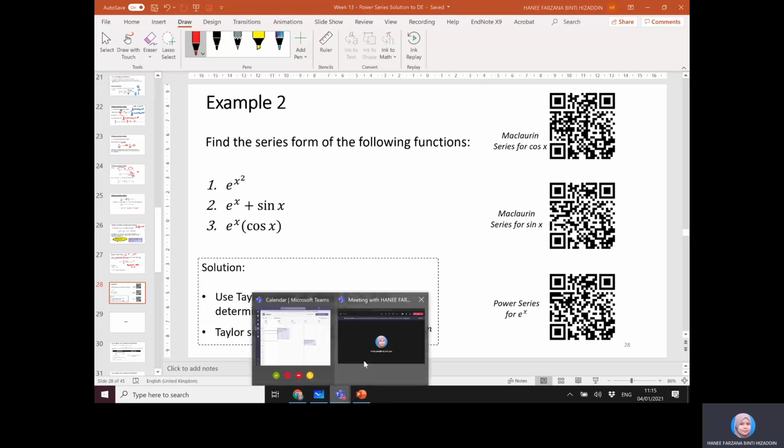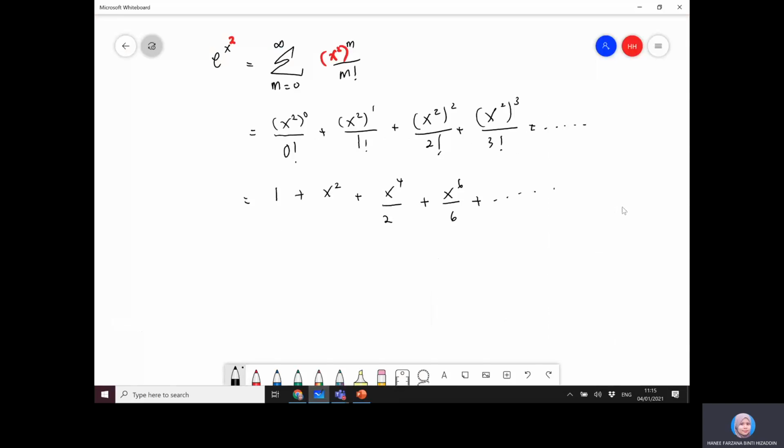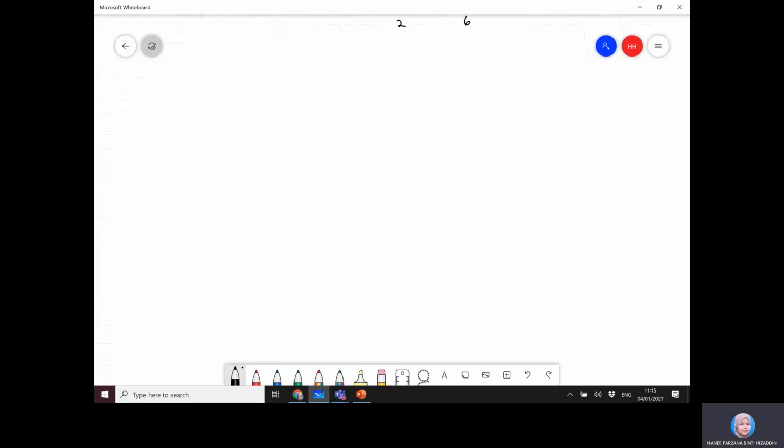And next is the second one, which is e^x plus sin x. From e^x, you know the series form of e^x is the sum from m equals 0 to infinity of x to the power of m over m factorial.